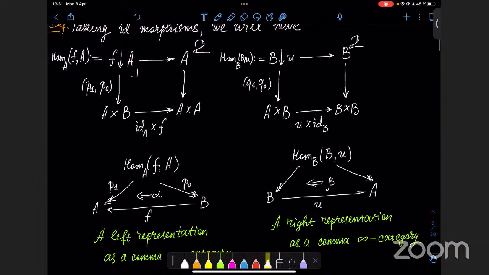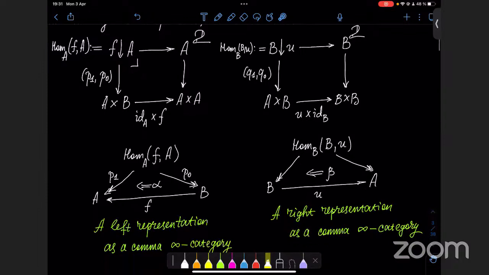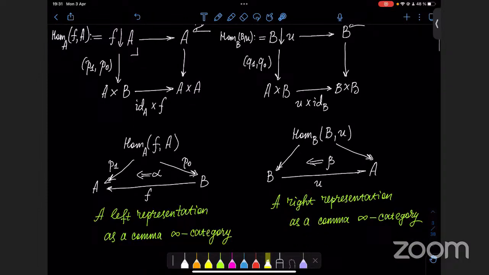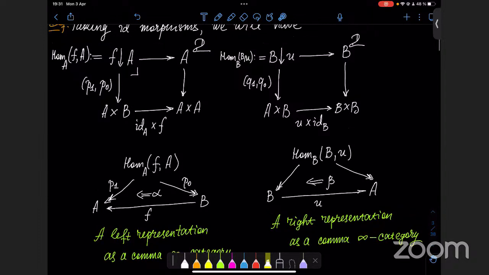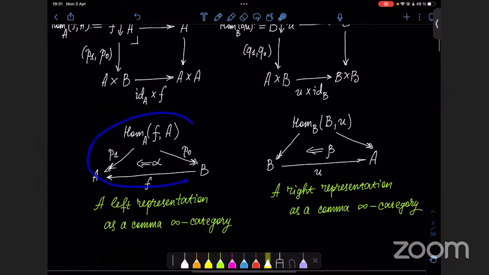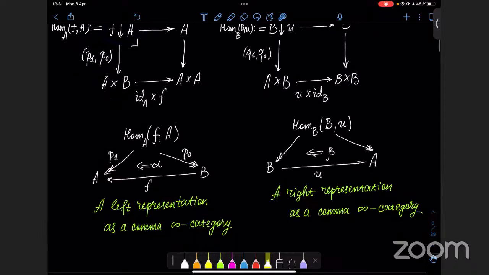We will call this 2-cell, or this comma object, a left representation as a comma infinity category.